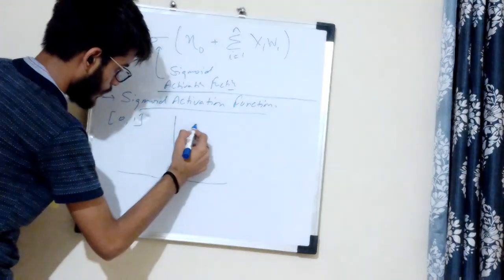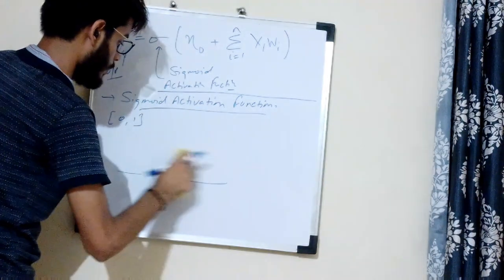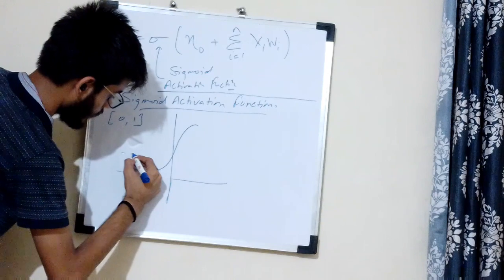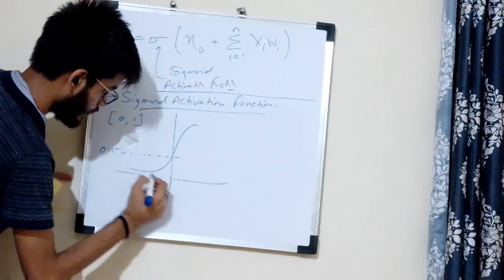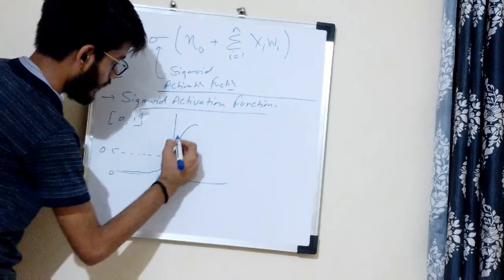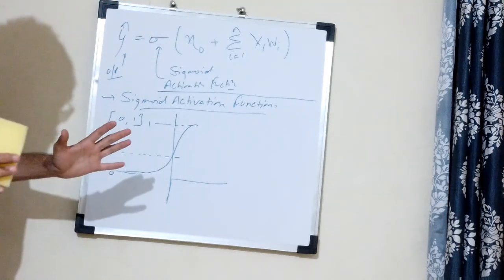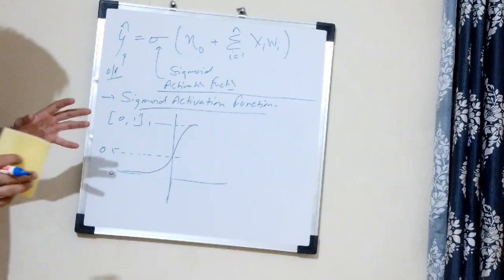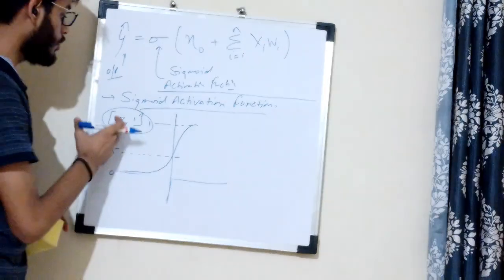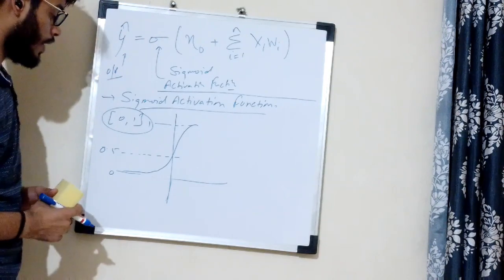Suppose I have this diagram; this is 0.5, this is 0, it should touch down like this, and this is, let's say, 1. Basically it takes any real number and converts it to between 0 and 1. This is a sigmoid activation function. We will talk in depth about this in upcoming videos.